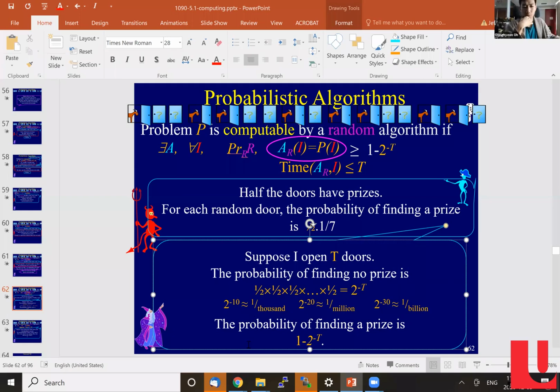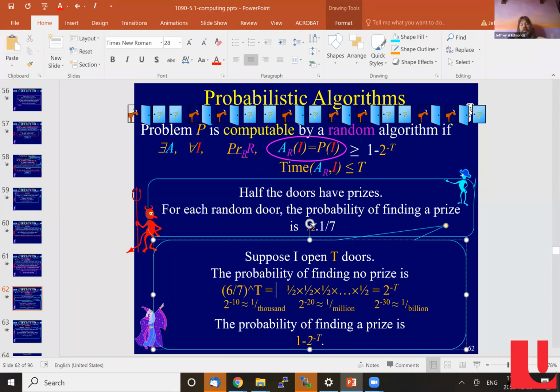It's 6 over 7. So it would be 6 over 7 raised to the power of t. I don't find a prize, I don't find a prize, I don't find a prize, right? And it's good to know this kind of math.